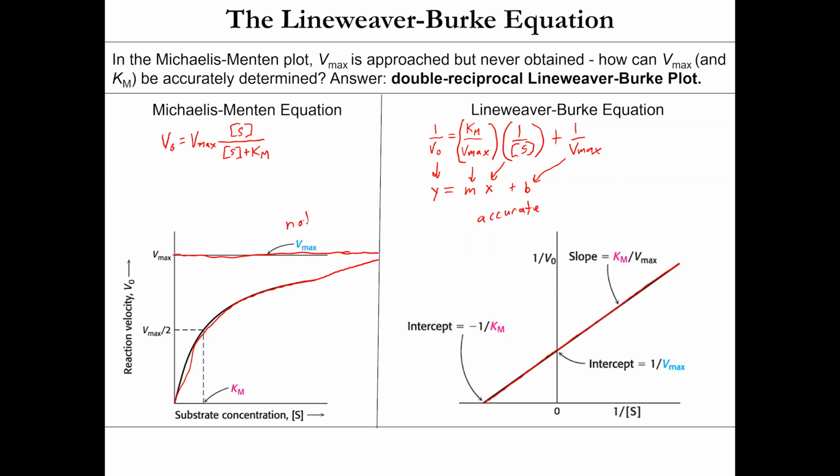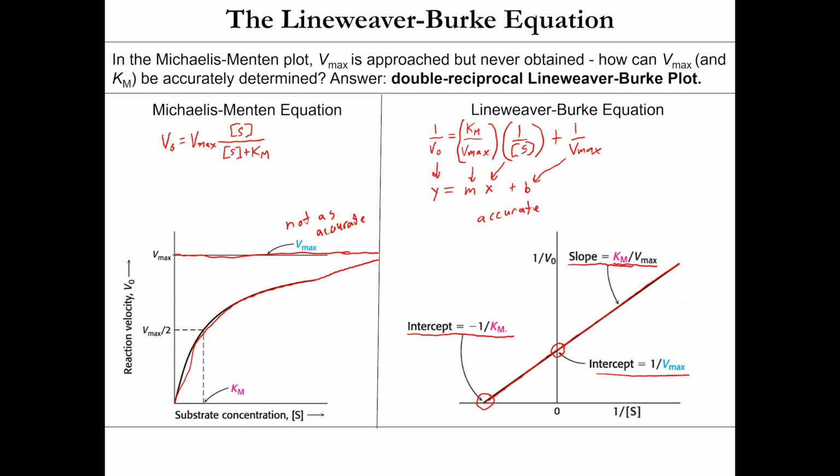So if we look at this equation and this slope, you can see that the slope of the line equals Km over Vmax. The y-intercept equals 1 over Vmax. And then the x-intercept equals -1 over Km.